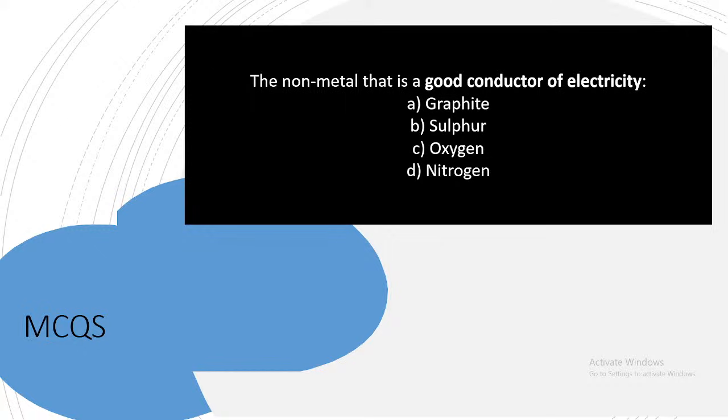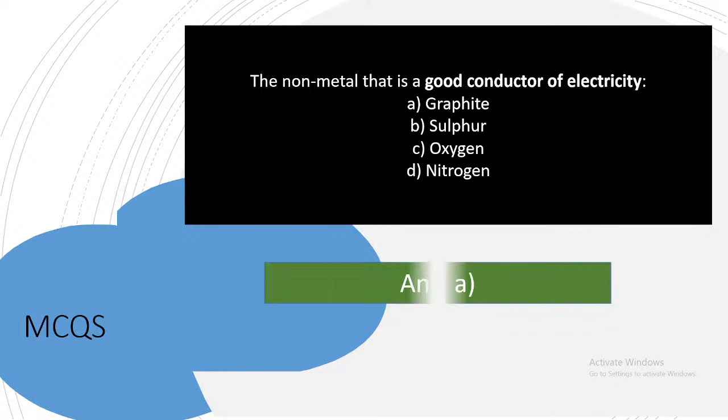Yes, A is the correct option. Graphite is a good conductor of electricity. Mostly non-metals are not good conductors of electricity, but graphite is an exception, which is a good conductor of electricity.